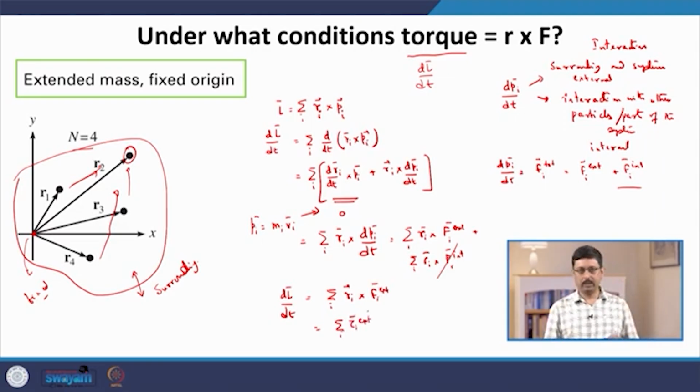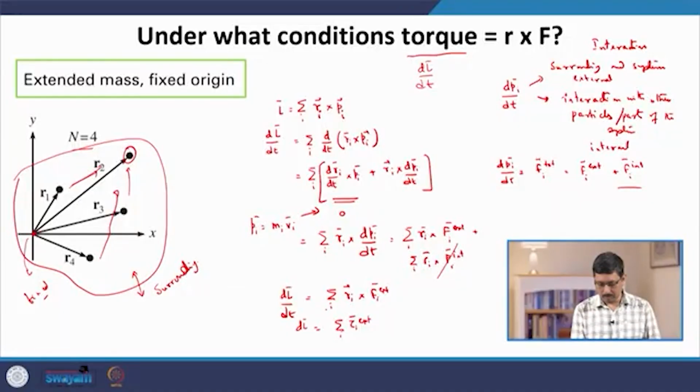If we take an object like this, what I showed is that if you sum over all the forces, the torque due to all the internal forces will be 0. So the only forces that matter are the forces coming from the surroundings. If you recall the examples we did, the torque on an object was always the torque coming from the surroundings.